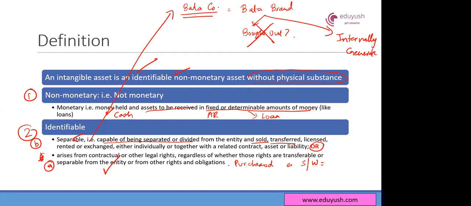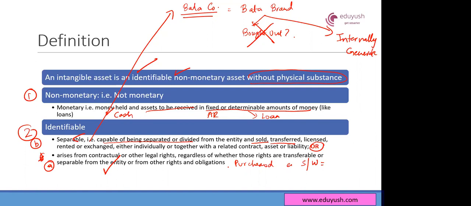So now we are trying to test whether the Bata brand can be part of this definition. It says that it should be capable of being separated and divided from the entity and sold. Now suppose Bata Company decides, I want to sell my brand Bata to XYZ. If brand Bata is sold, will Bata Company legally exist?